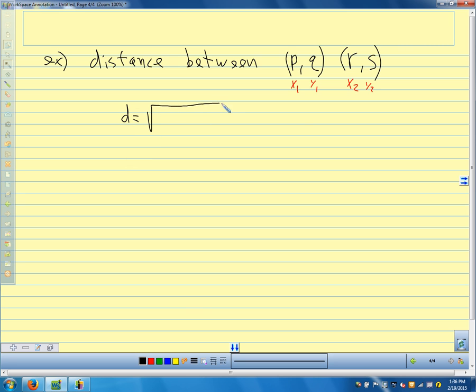Distance equals the square root of x2 minus x1, squared, plus y2 minus y1, squared. And that's all we can do. That's the distance between those points. So that's all we would write.